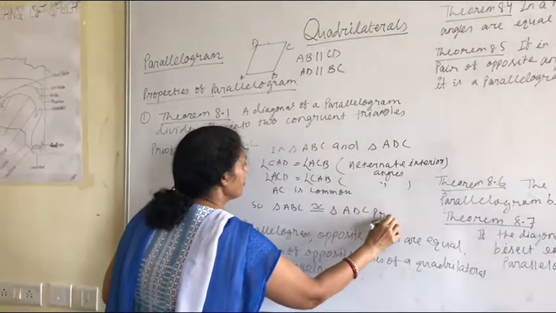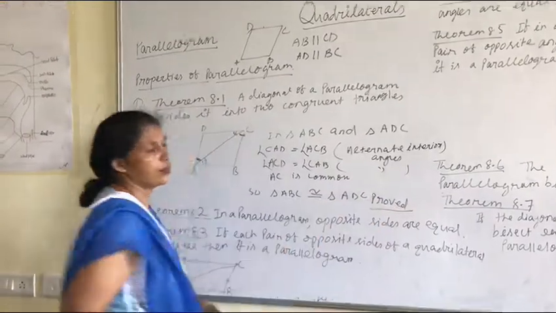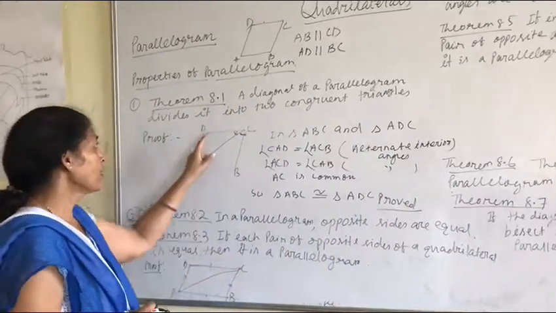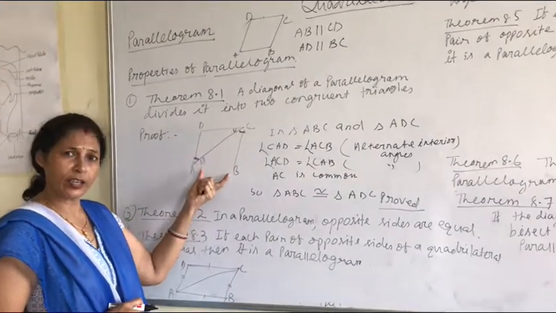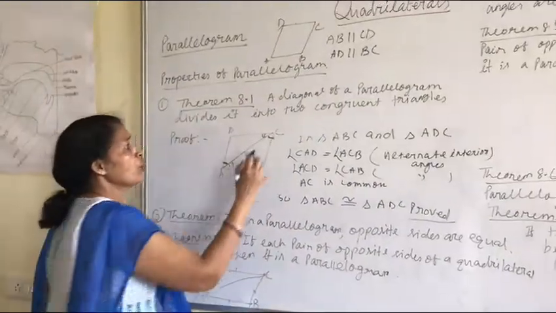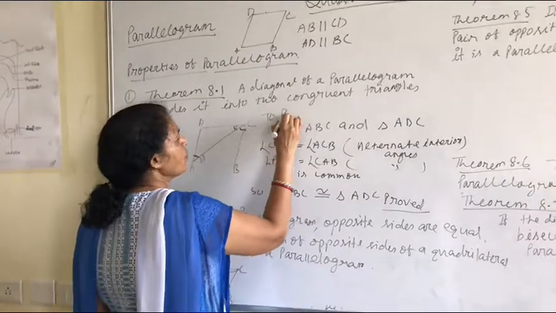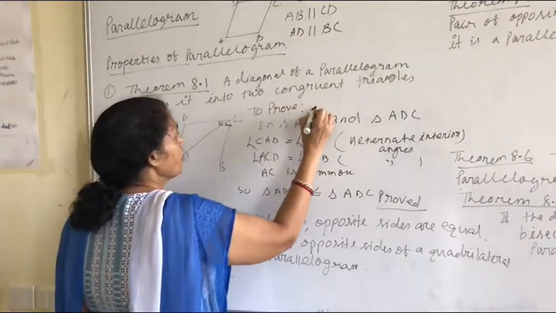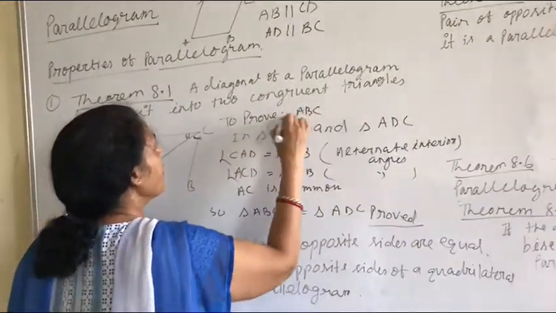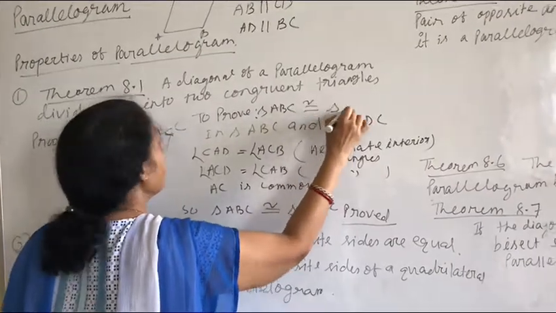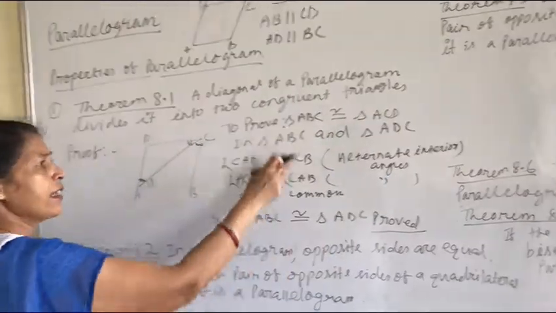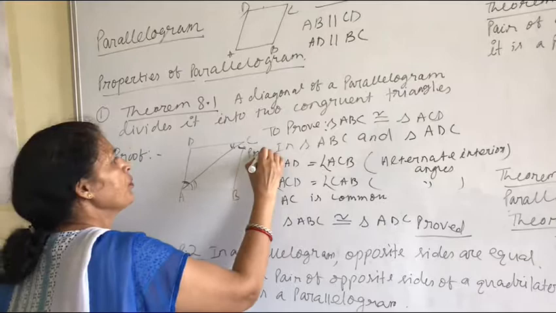Proved. Okay, understood? ABCD is a parallelogram. What do you have to do to prove it? First you write this: triangle ABC congruent to triangle ACD. Then this is your proof.